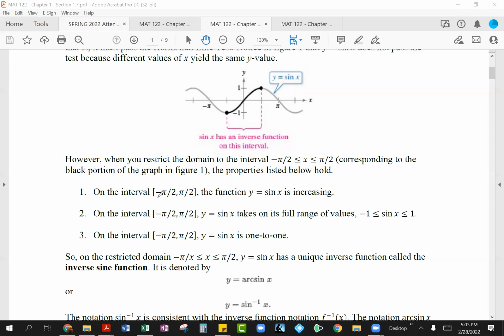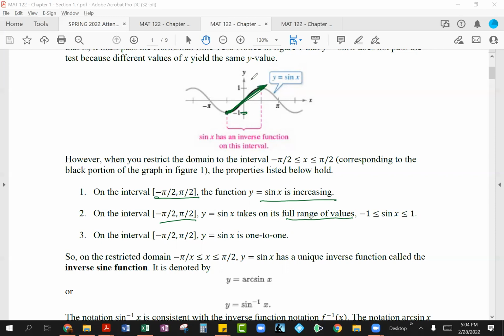So, here you will see on the interval negative pi halves to positive pi halves, your sine function is increasing because obviously, as you go from left to right, your y values become larger. You are also getting a full range of your y values because right here, you have -1, which is the lowest value for our range.